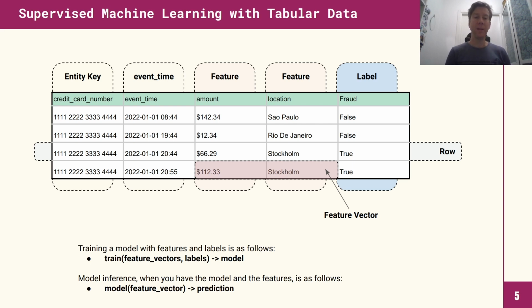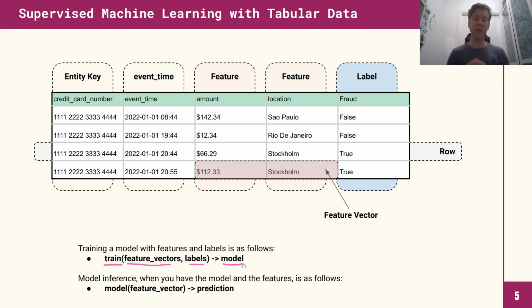Now, in supervised machine learning with tabular data, the very simple way to think about how we store our feature vectors and our labels is in this tabular format. Another simple way to think about it is that machine learning with tabular data involves taking a train function, what we'll call a train pipeline, and passing it features and labels, and the output of this training pipeline will be what we call a model.